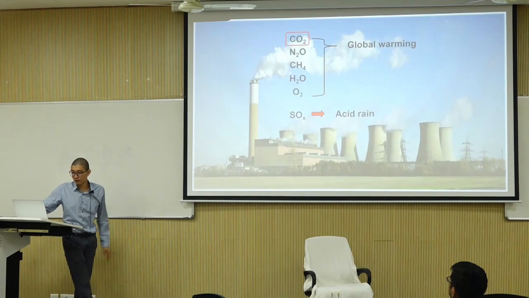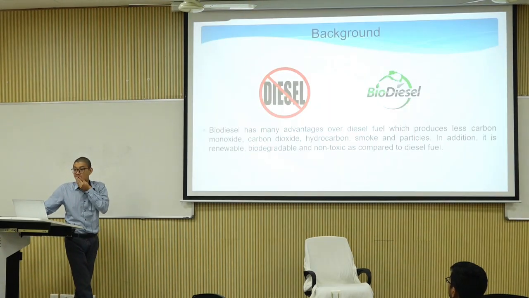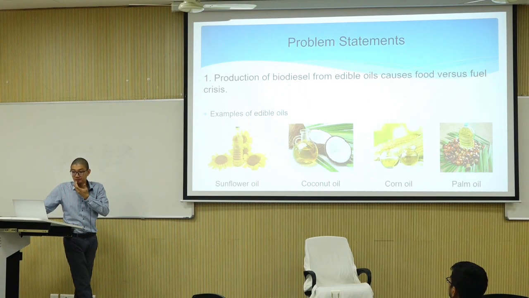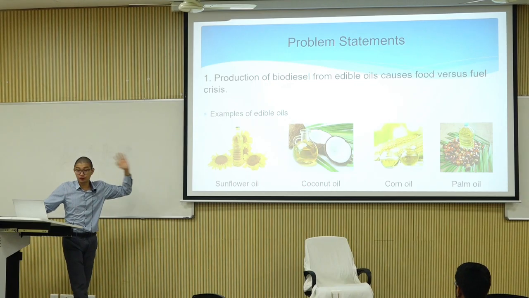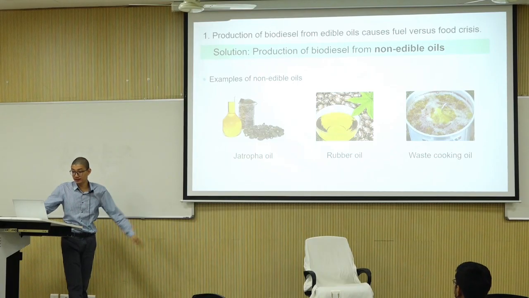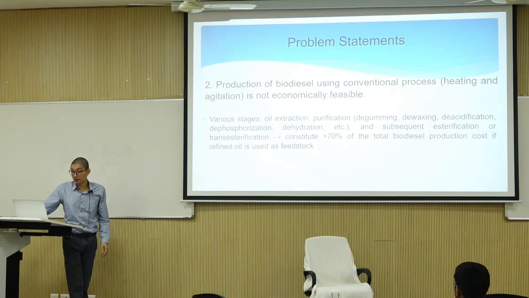The background, I don't want to go through again. I think most of you know about the background. Then the problem statement. There are two problem statements. First is the competition between food and fuel. I don't want to go into detail. Then we go to the second generation of oil.